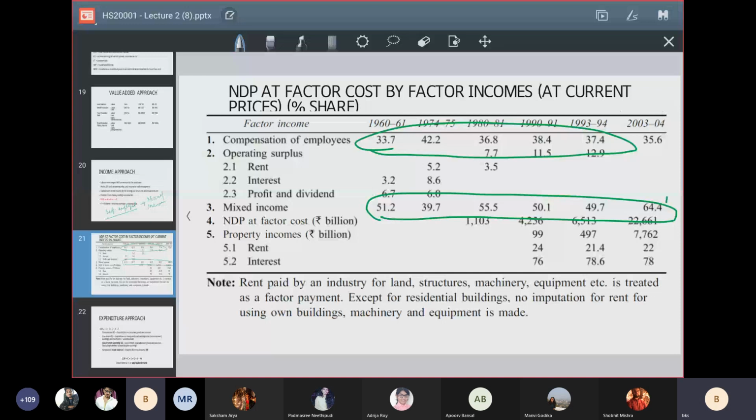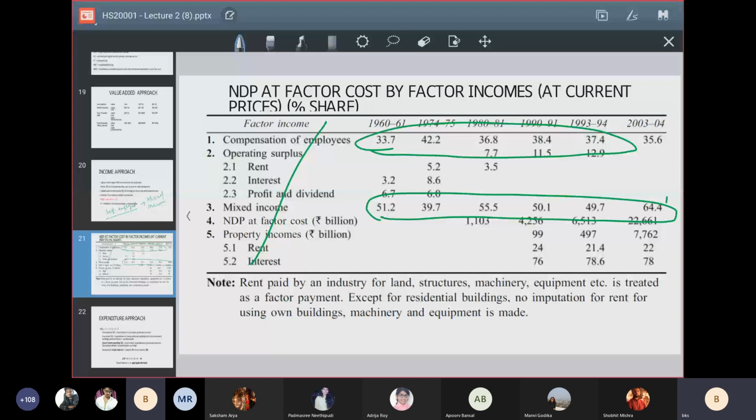So as you see, mixed income is a major part of our income, and so in the income approach we always have a component called mixed income. So that is the high share of mixed income in our NDP at factor cost.